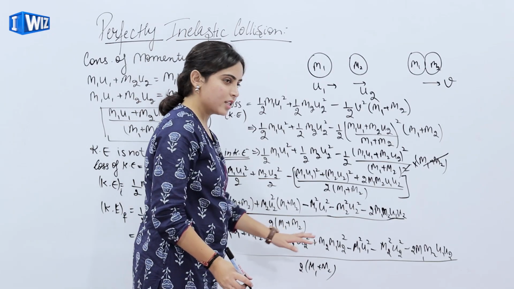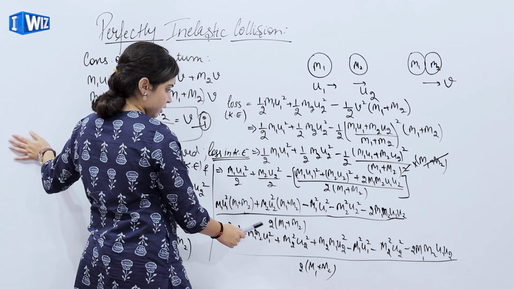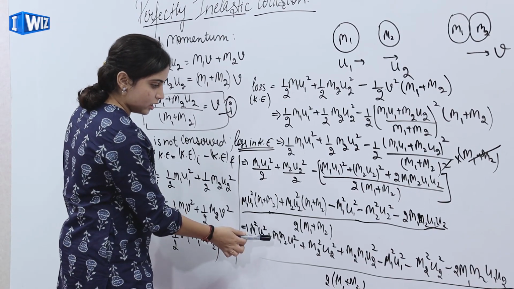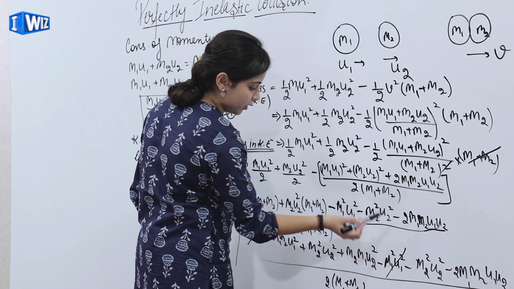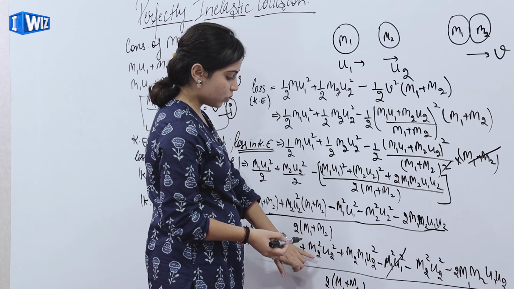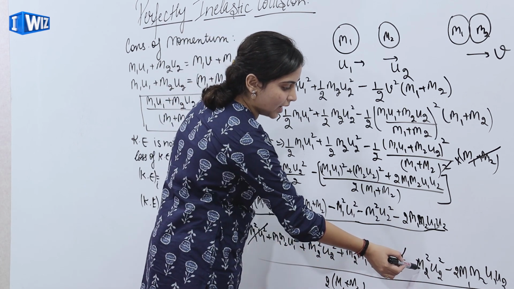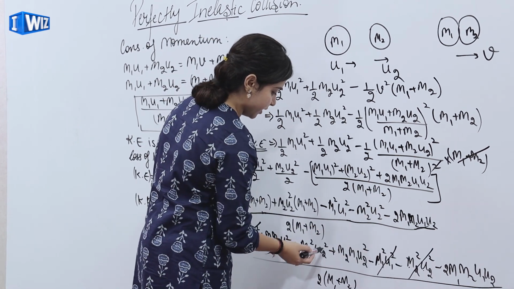The terms that cancel will cancel out: m1 square u1 square minus m1 square u1 square, m2 square u2 square minus m2 square u2 square.